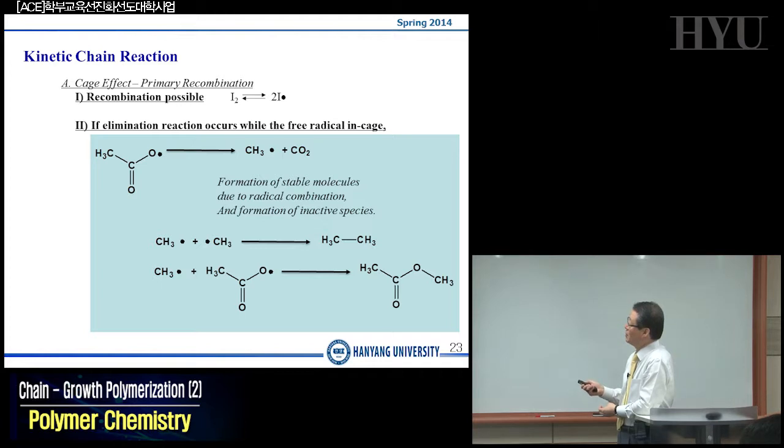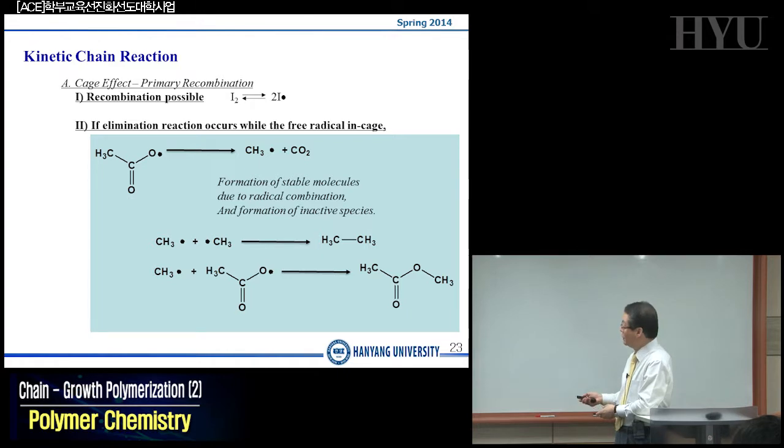So as I said, you have recombination, and in some cases, elimination reactions will occur within the cage. In other words, peroxy radical will become methyl radical, evolving one molecule of CO2. This methyl radical will combine together to become ethane, or methyl radical will attack this peroxy radical to become some strange components, methyl acetate.